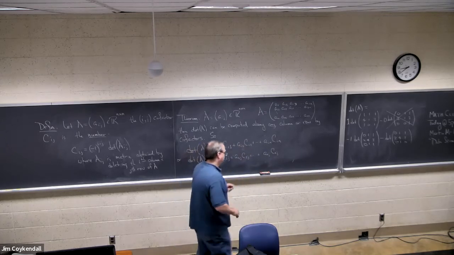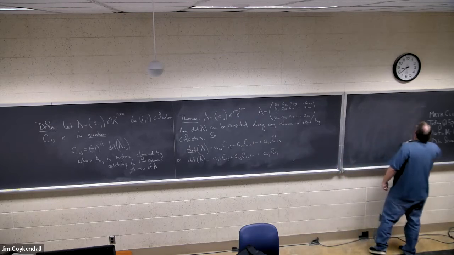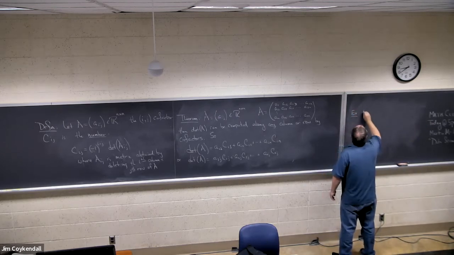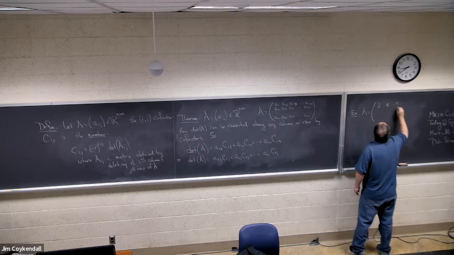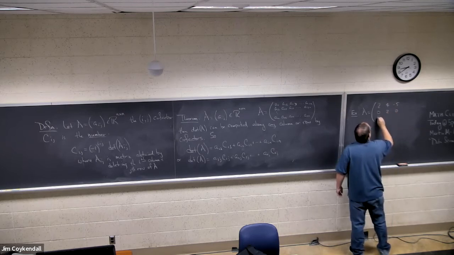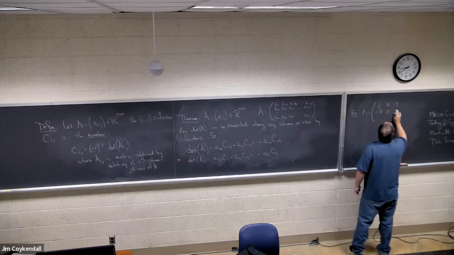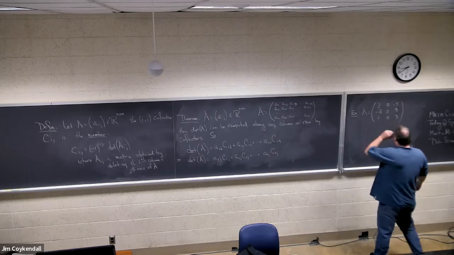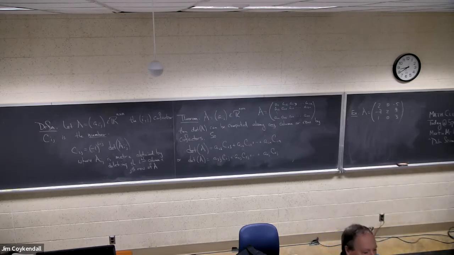So let's look at a short example. Let A be the matrix with rows 2, 4, -5 and 0, 2, 0. Suppose we have this matrix and I want to know its determinant.